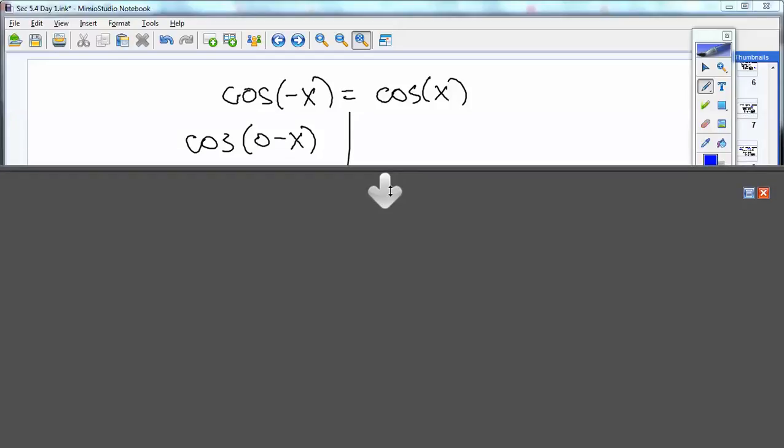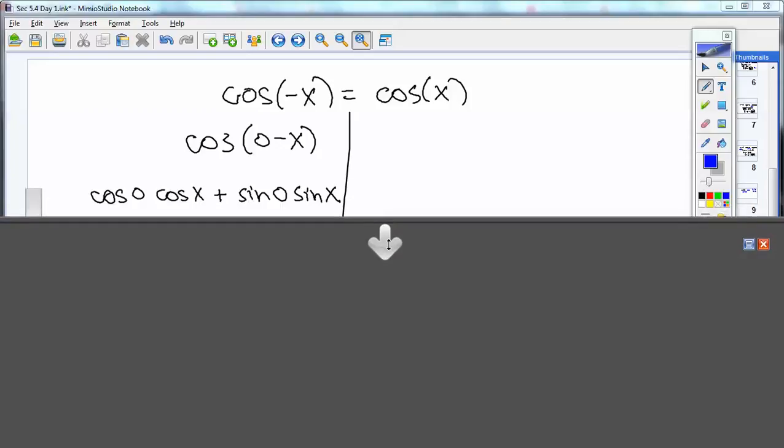Okay, we could change cosine negative x into cosine 0 minus x, because that's another way to write negative x. So we could write cosine 0 minus x, and now apply our cosine rule. What's the cosine rule? Cosine A, cosine B, plus sine A, sine B. Okay, well, what's cosine of 0?